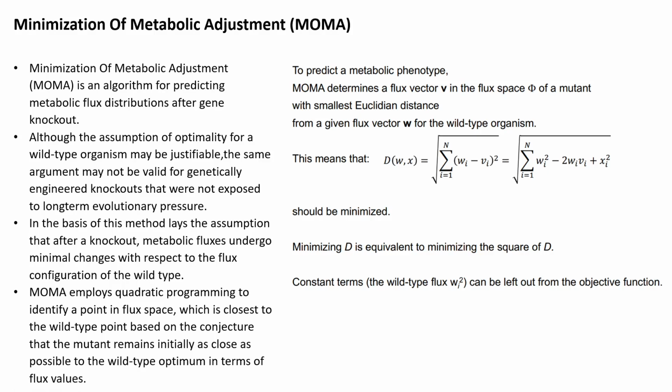This argument, that minimum changes occur in the network to get back the original network, is only valid when the organism has not been carrying that knockout or that particular perturbation for generations, so that it has not adapted to that perturbation. If that has happened, there will be other rewirings as well, which cannot be explained by the model.